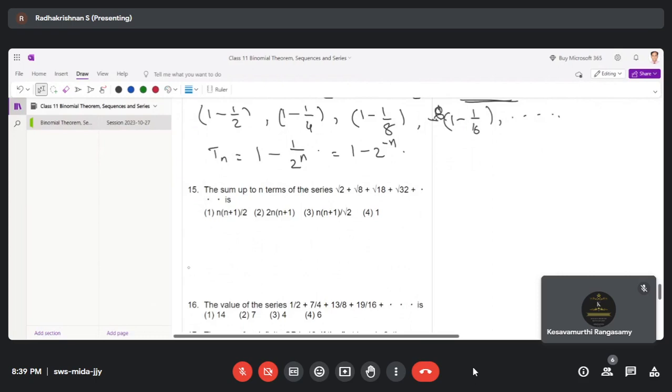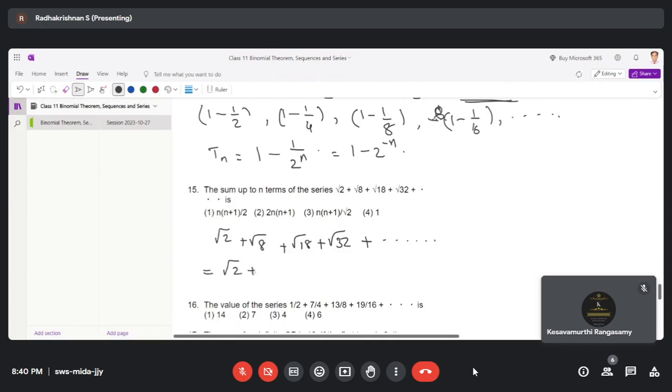So this is square root of 2 plus square root of 8 plus square root of 18 plus square root of 32. So what pattern do you see in this? What type of series is this? You can simplify this.